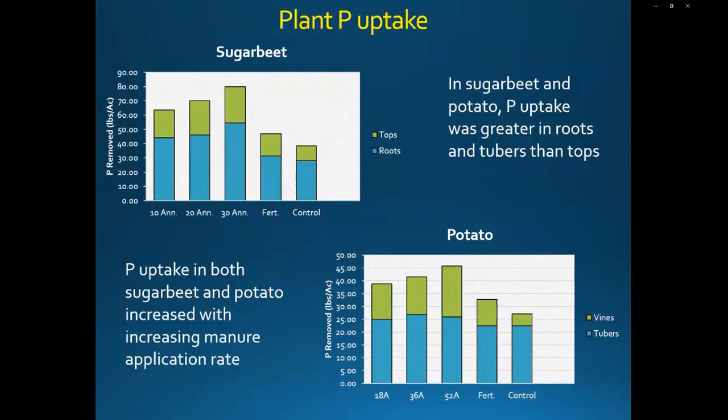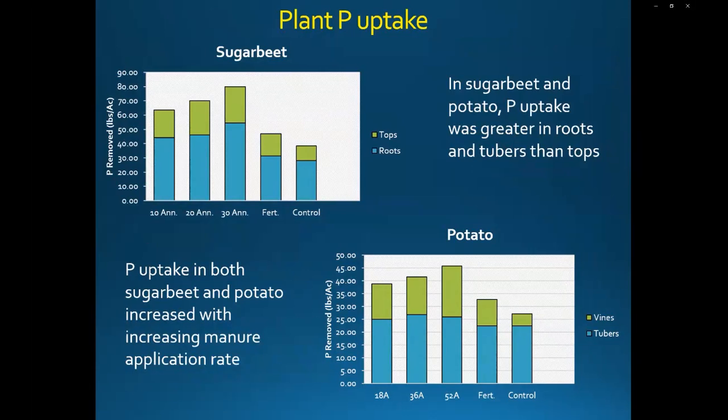We'll take a look at phosphorus uptake. Again, this time I'm using sugar beet and potato as an example because they were really interesting to look at from a cropping perspective. In both the sugar beets and potato, the phosphorus uptake was greater in the roots and tubers versus that taken up in the tops.